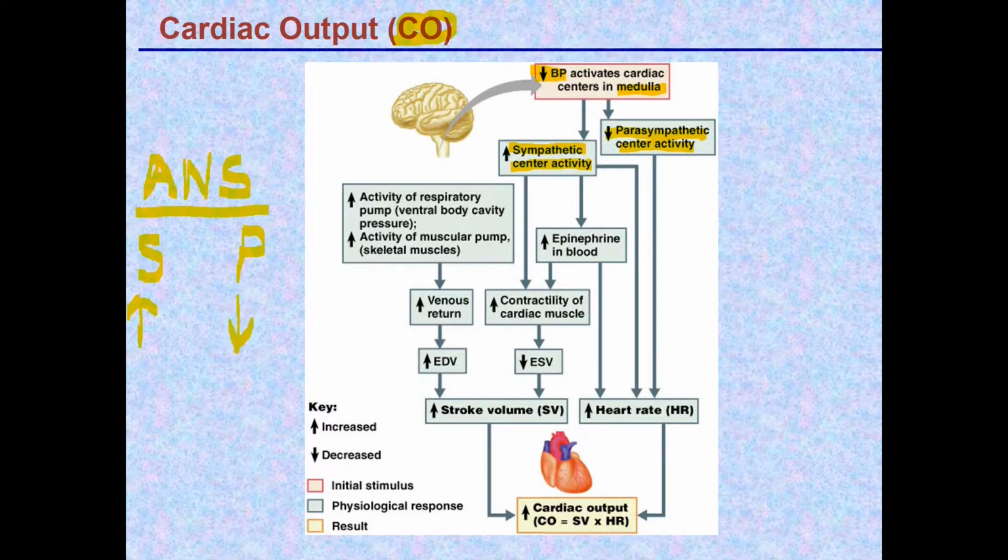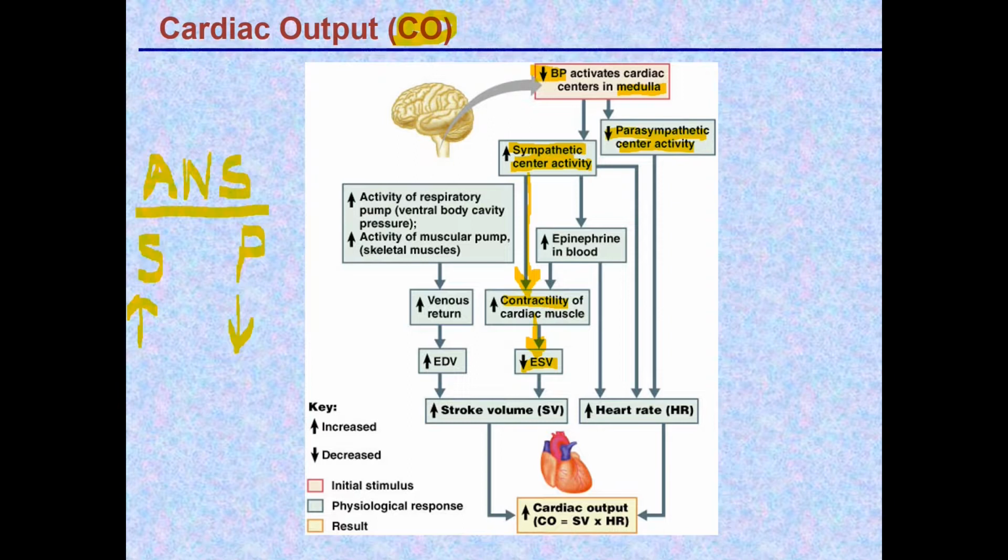If you have increased sympathetic activity, neural output of the sympathetic division of the autonomic nervous system, you will get a number of things, including increased cardiac muscle contractility, which will cause a decrease in end systolic volume, right? The volume of blood left in the heart at the end of each contraction, if it's contracting harder, right, increased contractility, then end systolic volume goes down.